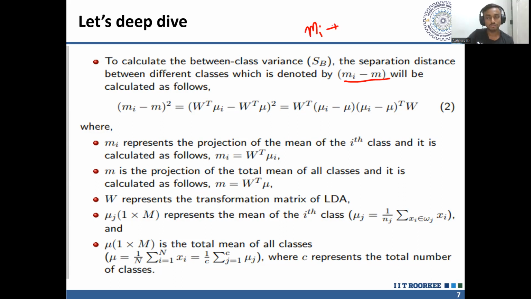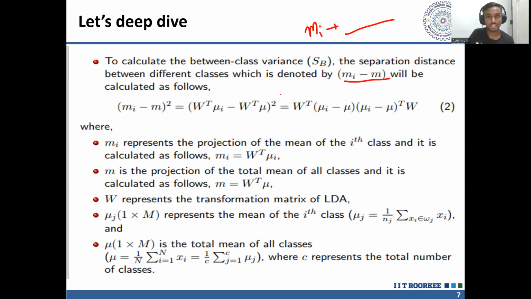Mi is the mean of one class, which is projected into a lower dimension, and M is the mean of all the projections of the means of different classes. So M is the overall mean of the classes, and Mi is the mean of the particular class, which has been projected into some lower dimension, right?